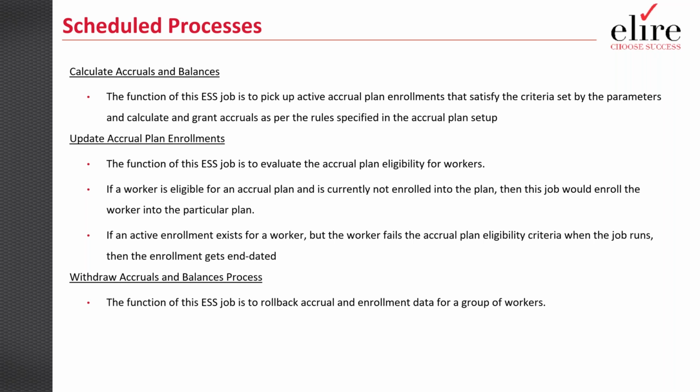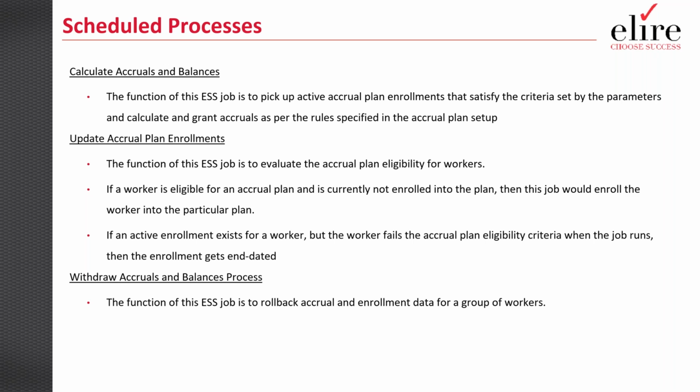It runs the calculation for your employees, makes sure that they are granted the leave that they're entitled to based on what you've configured within the accruals plan. Update plans and enrollments, that particular process runs and uses the eligibility profile to determine if an individual should be eligible for a plan.